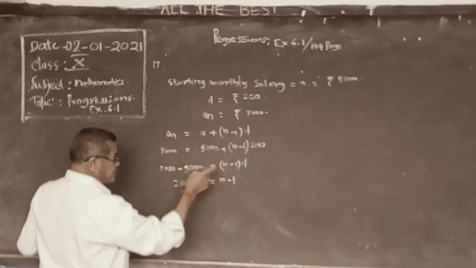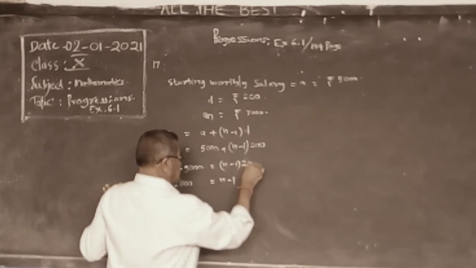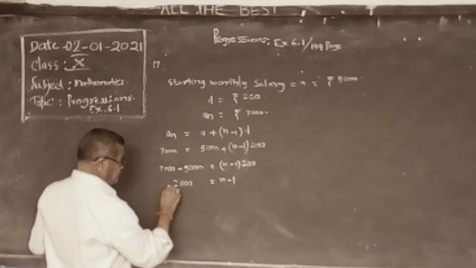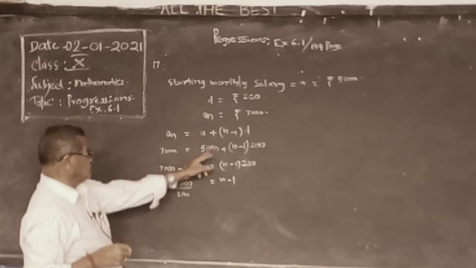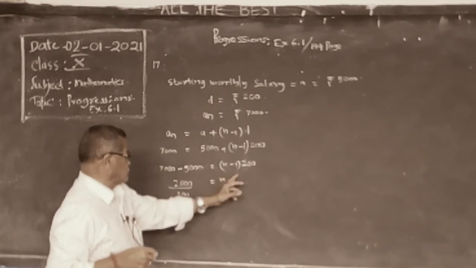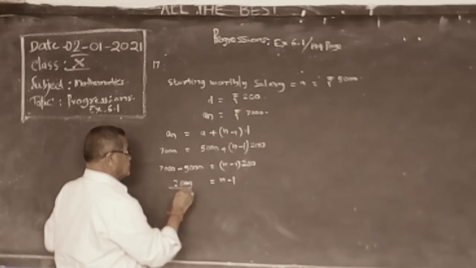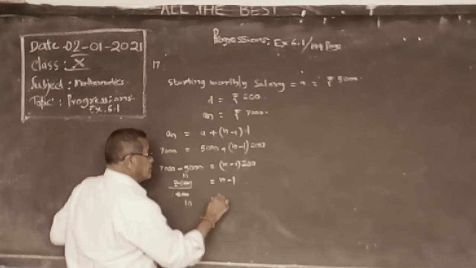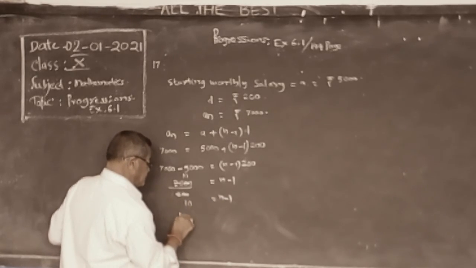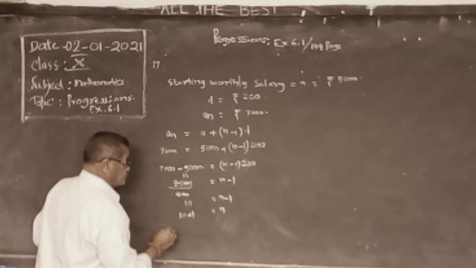N minus 1 by D, D is 200 here. 200 will come inside as divided by 200. This plus becomes minus, into becomes by. So 0 is cancelled, 2 ones are 10. 10 is equal to n minus 1. 10 plus 1 is equal to n, 11.